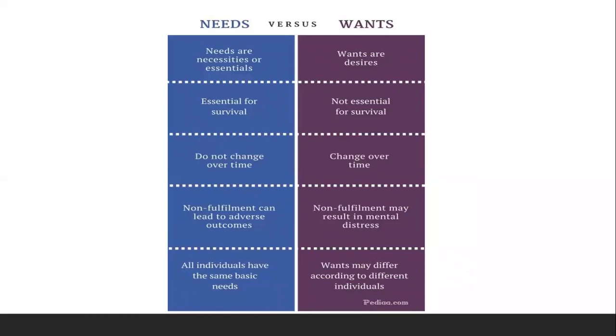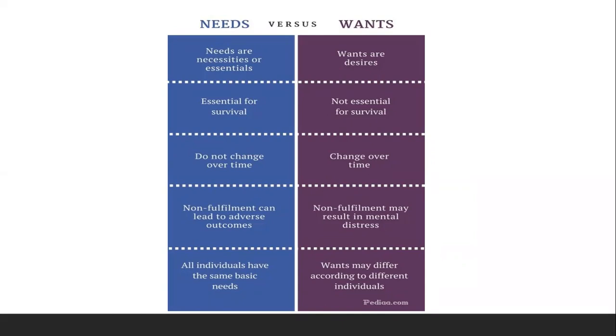Let's try to compare the difference between needs and wants. All individuals have the same basic needs, and these needs are necessities or essentials, especially for survival, and do not change over time. Yet the wants may differ according to the differences among individuals.